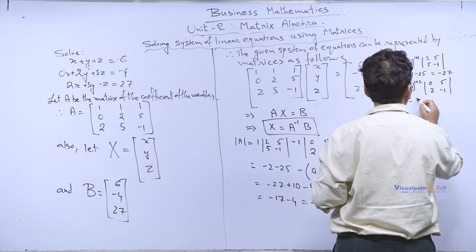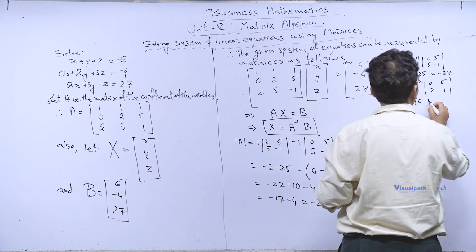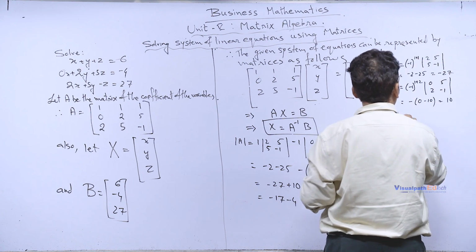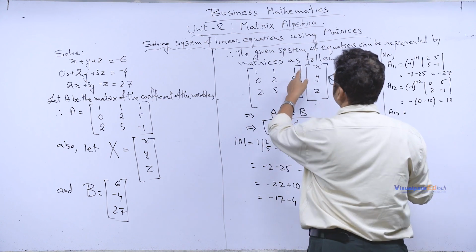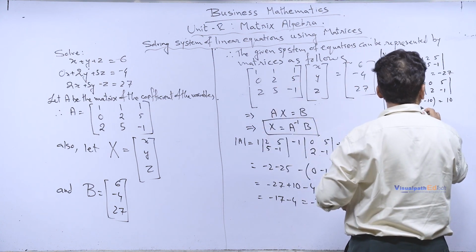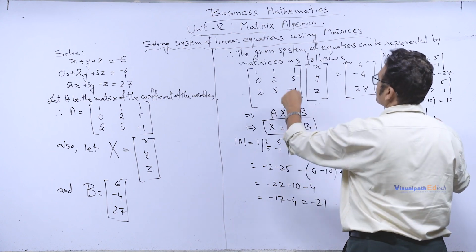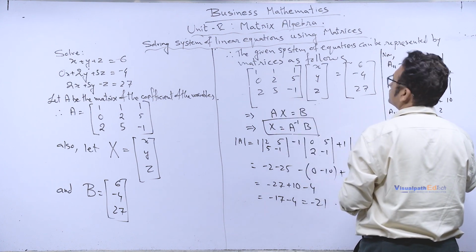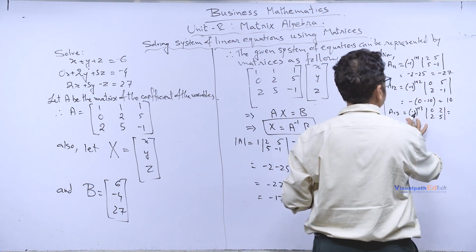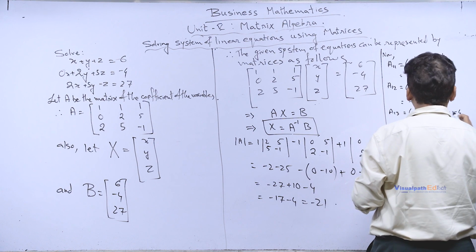Minus, we will get 0, minus 10, plus 10. A13 will be minus 1 to the power 1 plus 3 and then 0, 2, 2, 5, which is equal to, this is positive, this is minus 4.